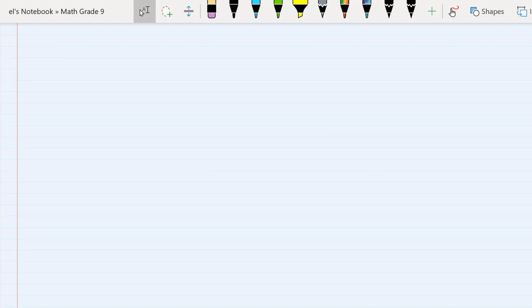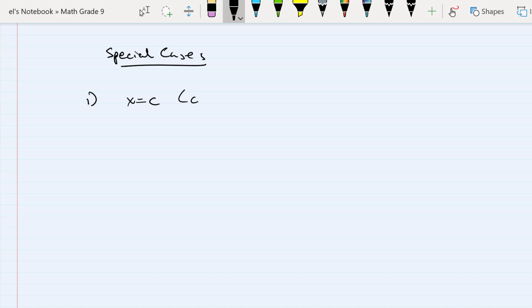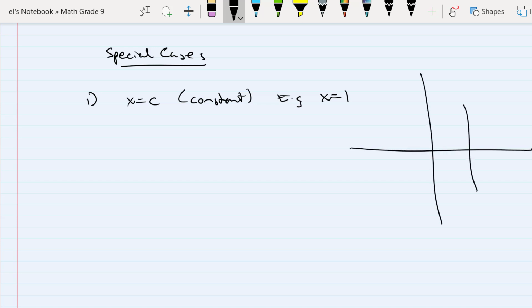There are a couple of special cases when looking at linear equations. First is when x is c, or a constant. Example, x equals 1. That will just be a straight line like this, a vertical line.